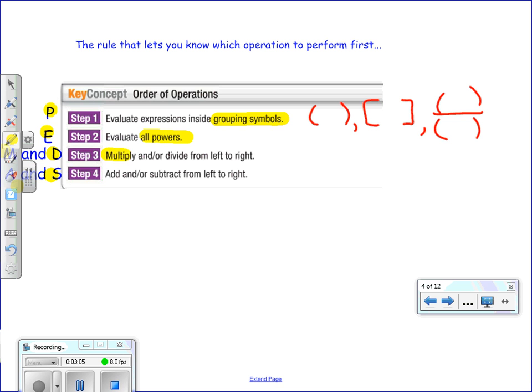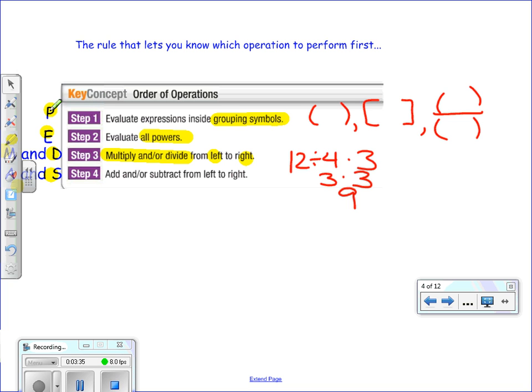And then multiply and divide are of equal value. You just work them from left to right. That means, for instance, if you had 12 divided by 4 times 3, the divide is first because it comes first from the left. So you do 12 divided by 4 is 3, times 3 is 9. Remember that.